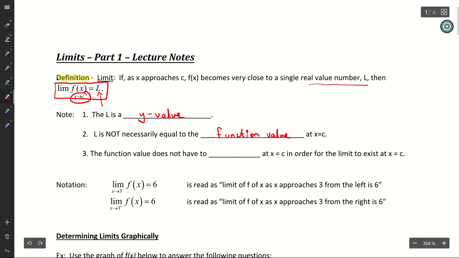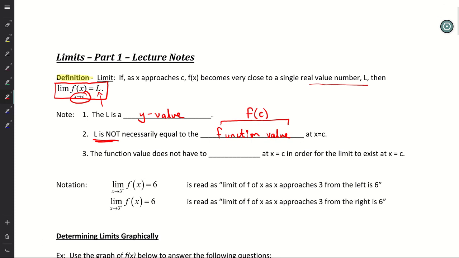The function value would be denoted as f of c. We're going to know what c is. It'll be some type of real value x, but we're going to know what that value is.